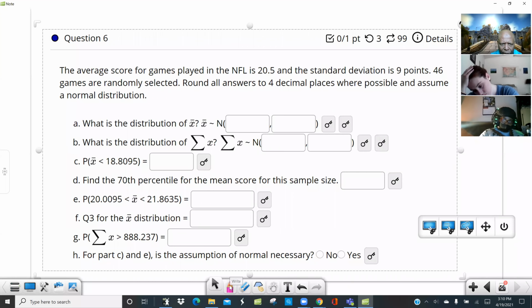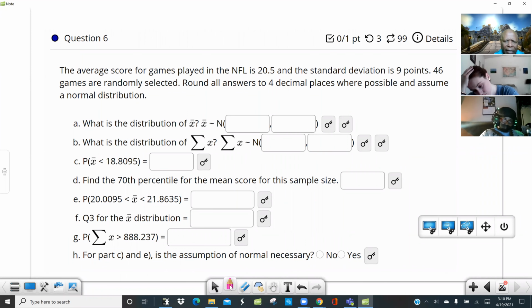The average score for games played in the NFL is 20.5 and the standard deviation is 9 points. 46 are randomly selected, round to 4 decimal places. What is the distribution of the sample mean?